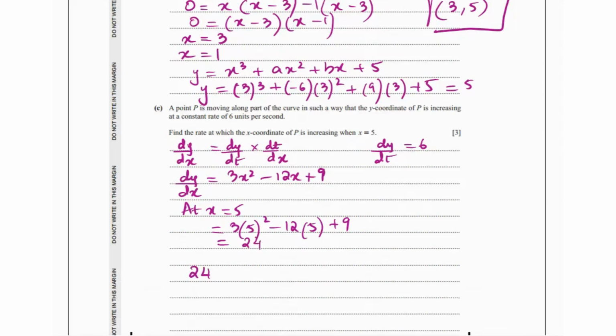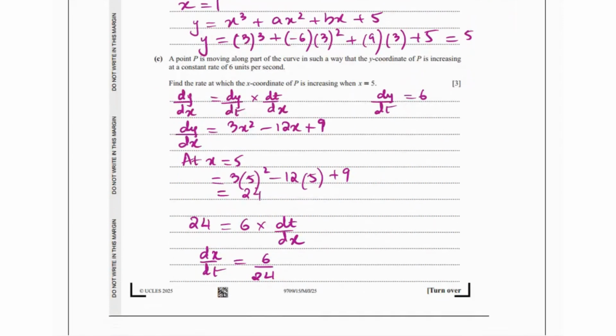So 24 equals 6 times dt/dx. dx/dt is going to be 6 divided by 24, and that equals 1/4. That is the rate at which the x-coordinate of P is increasing.